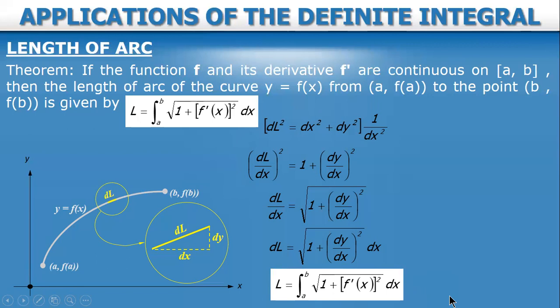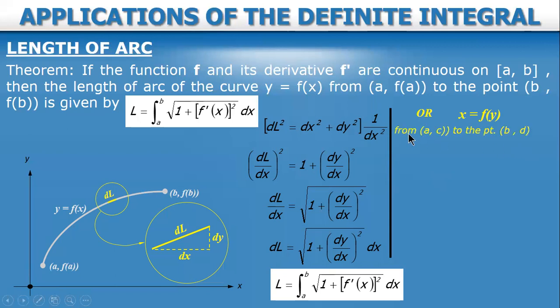Now, the other variation of this is, instead of a function y equal to f of x, we can also have x as a function of y. Instead of the curve y equal to f of x, it can be x equal to f of y.